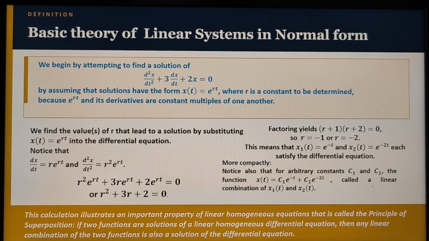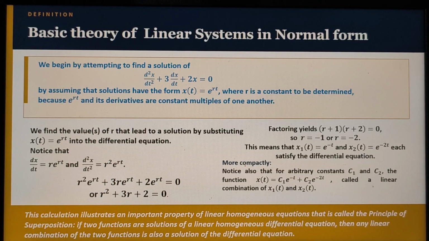Therefore x1 equals e to the power minus t and x2 equals e to the power minus 2t. Each satisfies the differential equation. So when you consider arbitrary constants c1 and c2, the function x(t) = c1 e^(-t) + c2 e^(-2t) is called a linear combination of x1 and x2.